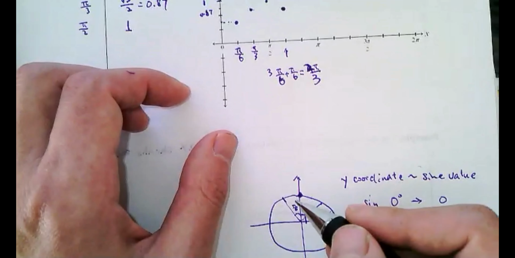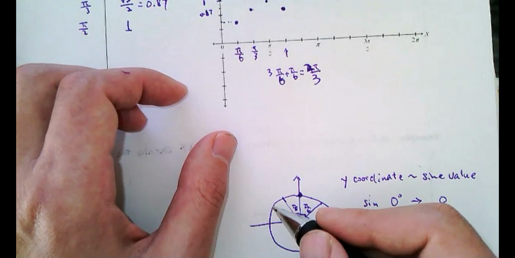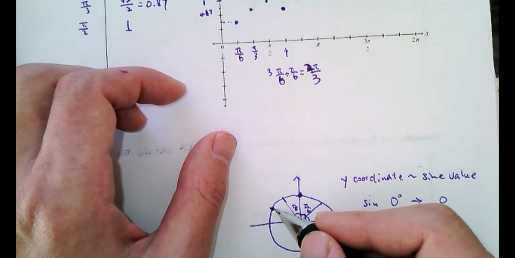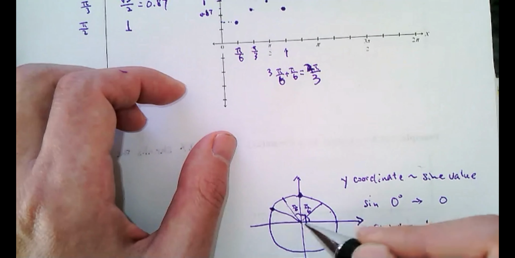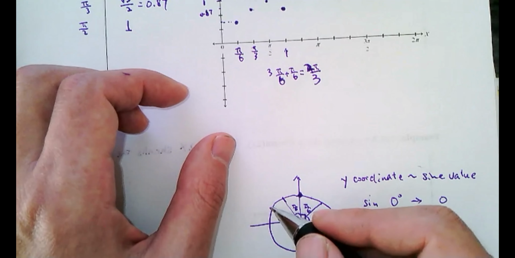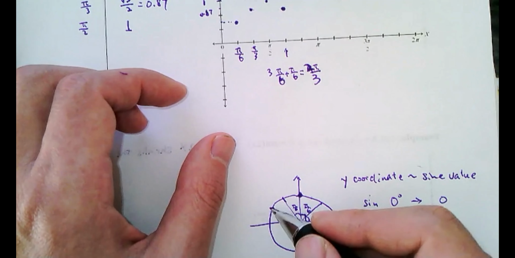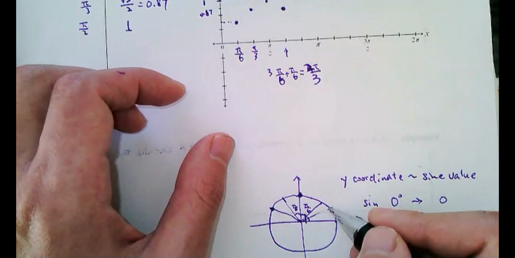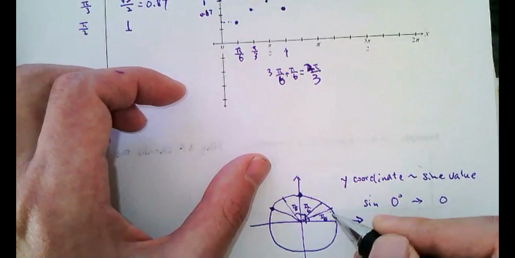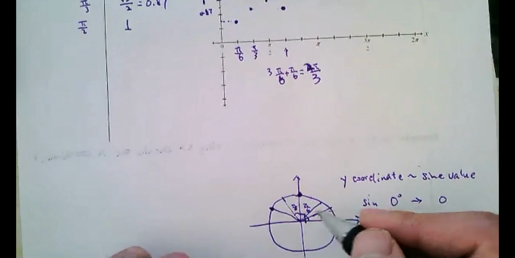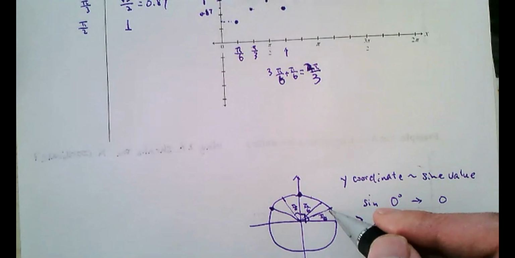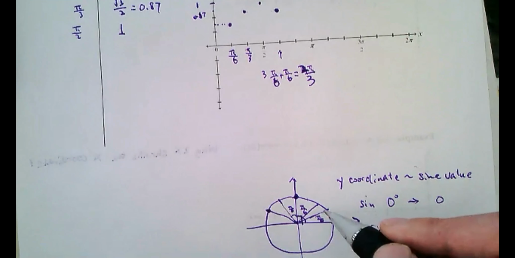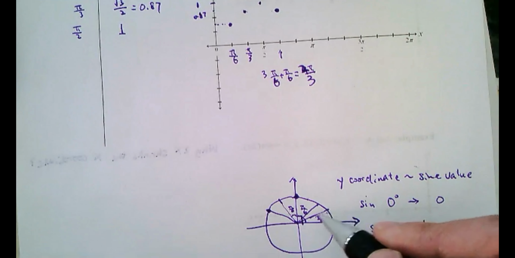Similarly, you will continue moving until you get here. You move another pi over 6 unit. So this should also share the same y value with this pi over 6. I know my sketch is kind of ugly, but does anyone have any question about how we would derive that they share the same y coordinate?